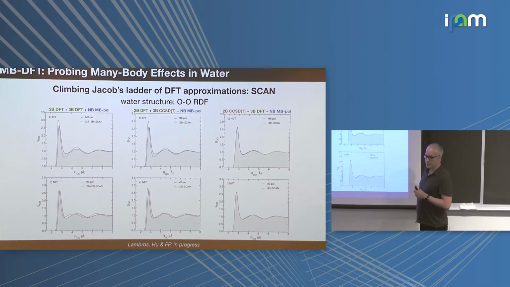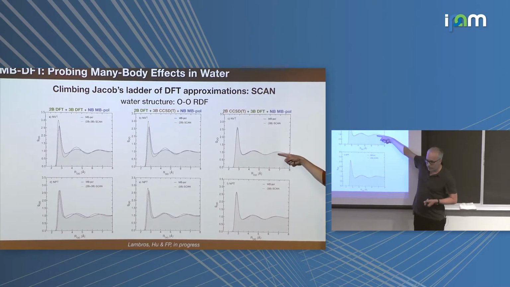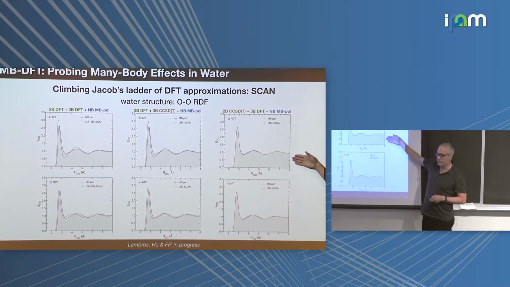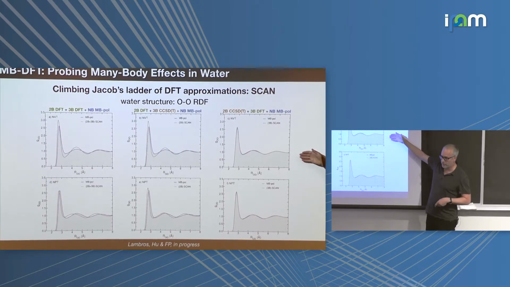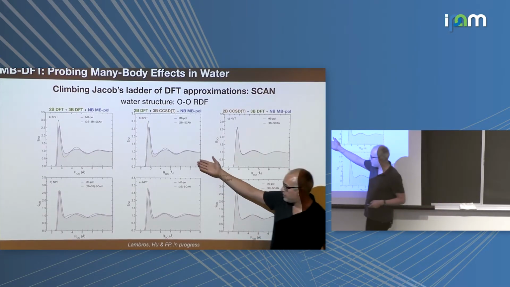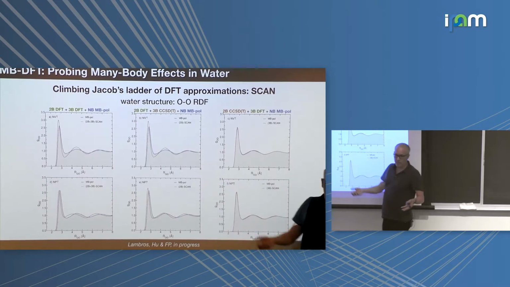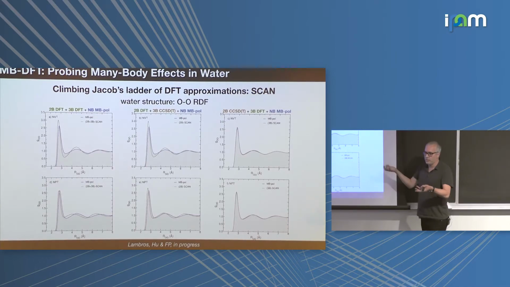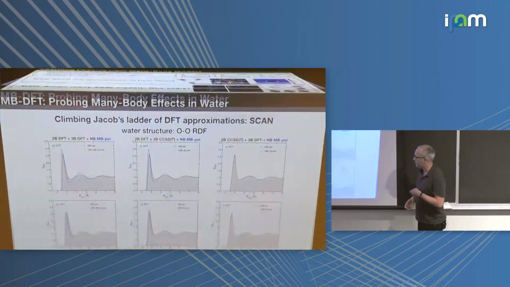What is interesting though is that SCAN was developed using constraints on the electron density. And now in fact, SCAN is able to reproduce three-body interactions, which are more classical-like, correctly, because the electron density of the monomer is described correctly. It fails at the two-body level because it's a GGA functional, doesn't have any description of a correct exchange, and so obviously the functional is limited.